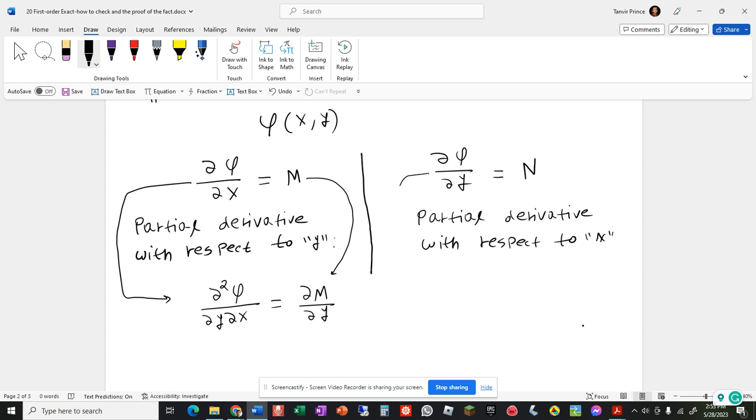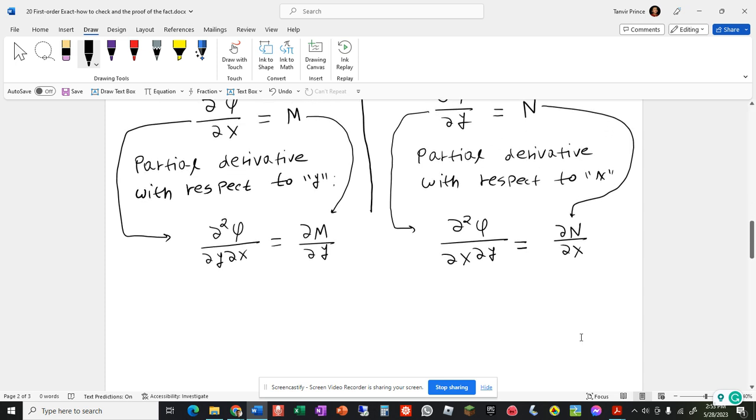The left hand side gives the second partial of phi, first with respect to y and then with respect to x. And the right side is simply the partial derivative of N with respect to x. Now we're going to assume all the partial derivatives of phi, M and N are continuous in some region.